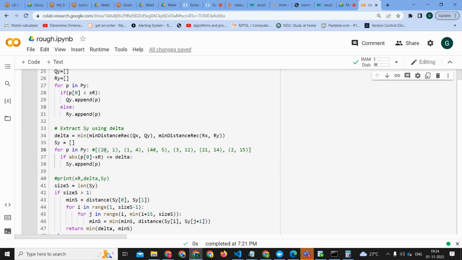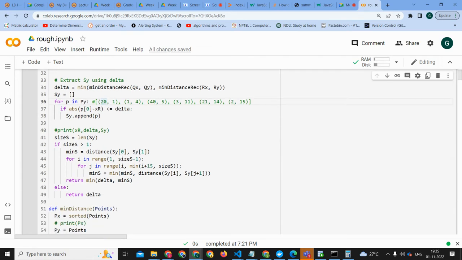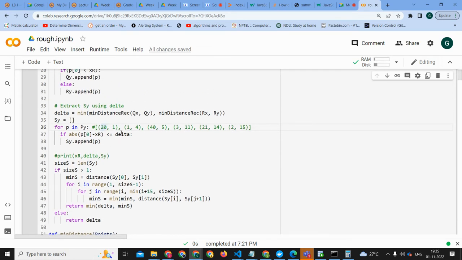Mahi, are you able to follow what I'm saying? Yes, sir. Good. Everyone is able to hear, right? Usually it will be another person explaining. No, sir, I didn't get it. Why is it only 20, why not 20 and 1? See, PY is going to be the whole list.